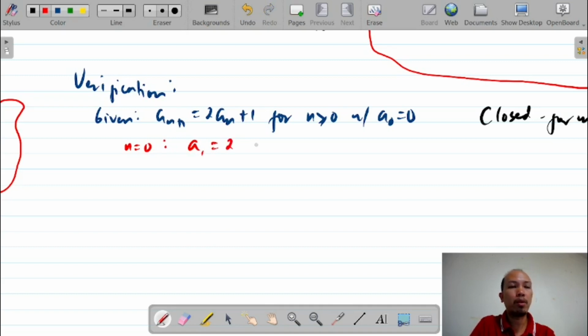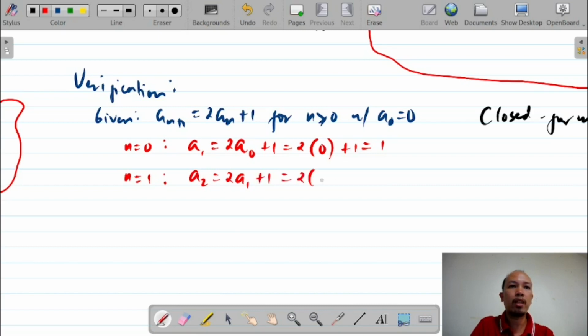So that's the problem if you are using a recurrence relation. You need the previous term, a sub 0, plus 1. So this is 2 times a sub 0, which is 0, plus 1, is equal to 1. Okay, so when n is equal to 1, a sub 2 is equal to 2 a sub 1 plus 1.